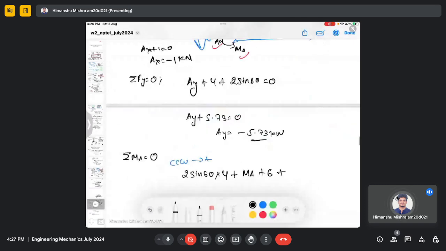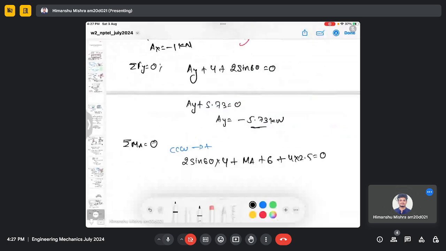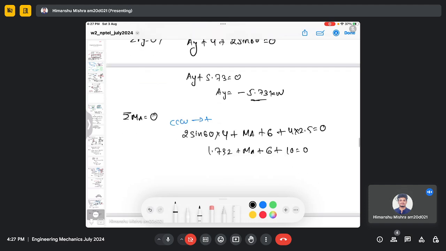So it's 4 multiplied by 2.5 equals 0. So it's 1.73 times 4 plus MA plus 6 plus 10 equals 0.